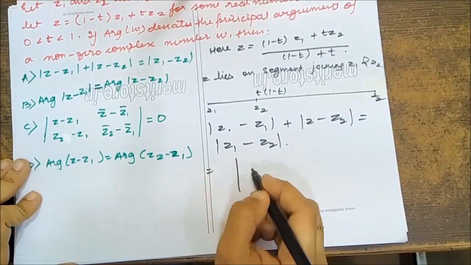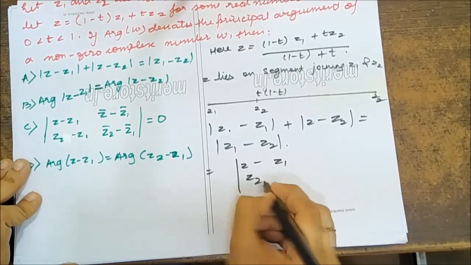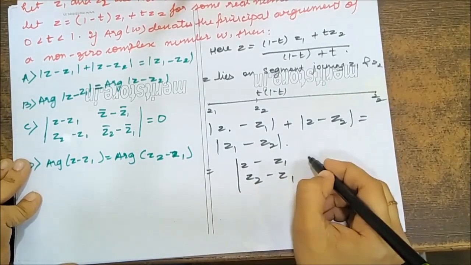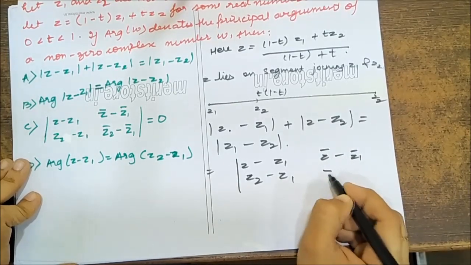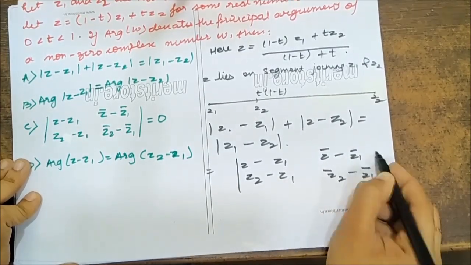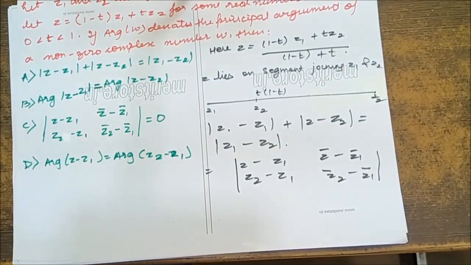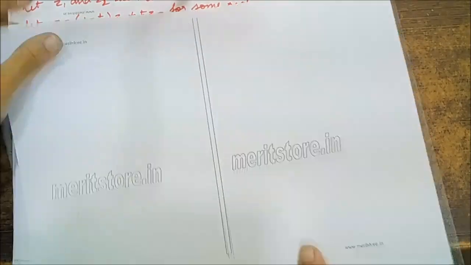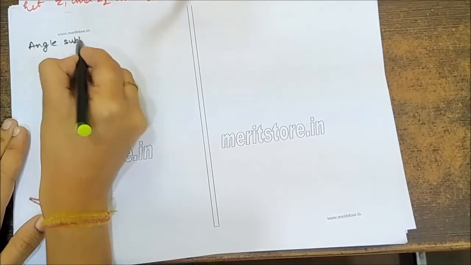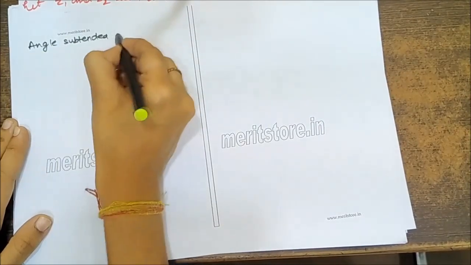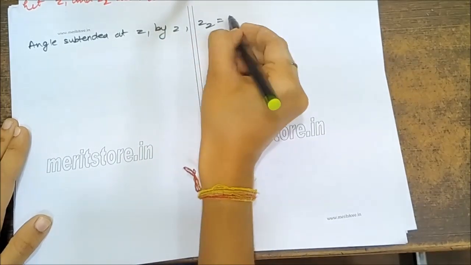So in the form of determinant we get Z minus Z1, Z2 minus Z1, and the conjugates. So the angle subtended at Z1 by Z and Z2 will be equal to 0.